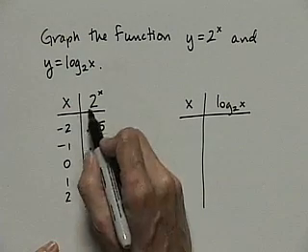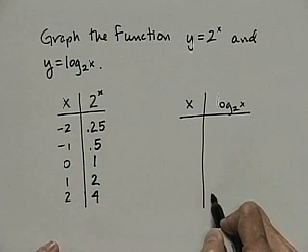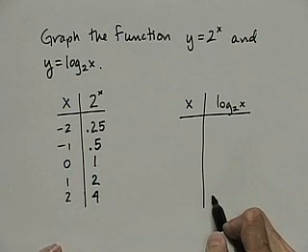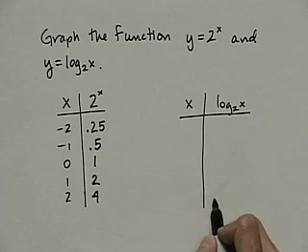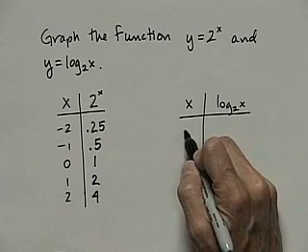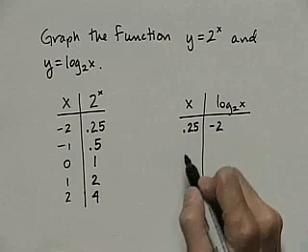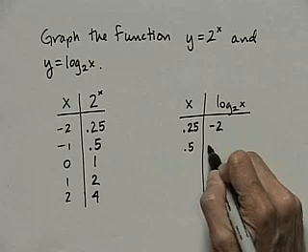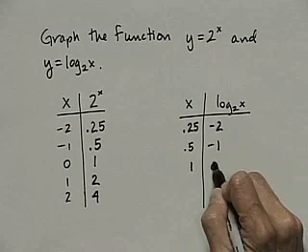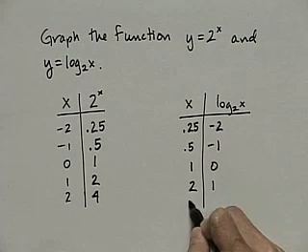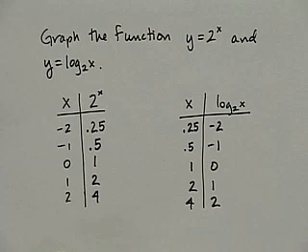Now, what I know about a function and its inverse is that their ordered pairs are in reverse order. So to get the ordered pairs for the inverse, I'm going to reverse the ones I just found: 0.25, negative 2; 0.5, negative 1; 1, 0; 2, 1; 4, 2.